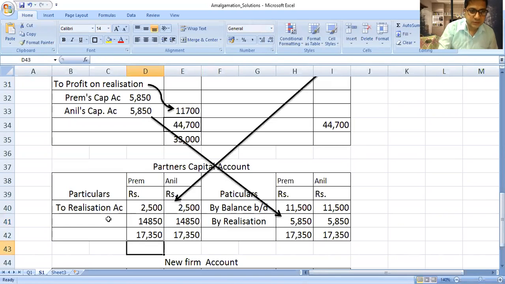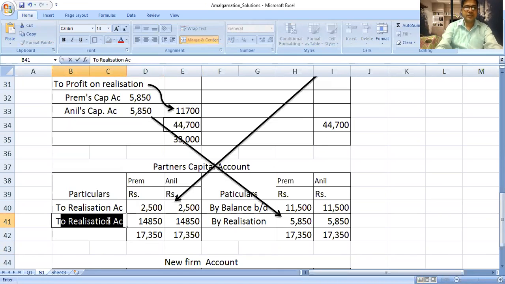This particular balance we will transfer to new firm account. So we will write here "to new firm account". These are balancing figures.